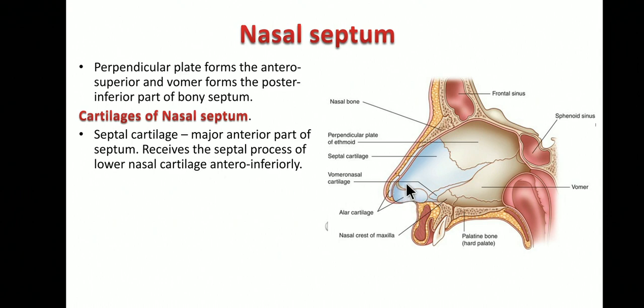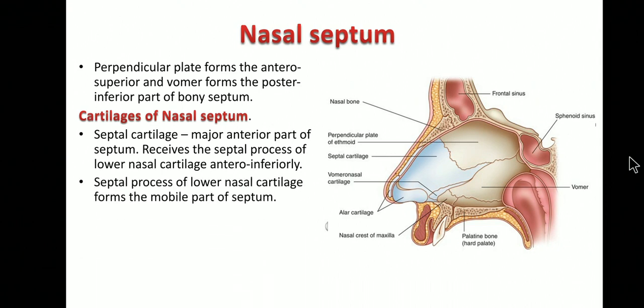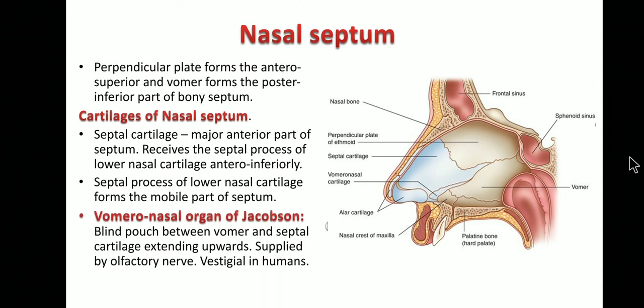Because the alar cartilage is found only on the lateral wall, it gives a septal process through which it articulates with the septal cartilage. So mainly the septal cartilage and the septal process of the alar cartilage, the lower nasal cartilage. Then, between the vomer bone and the septal cartilage, you sometimes come across the vomeronasal cartilage.